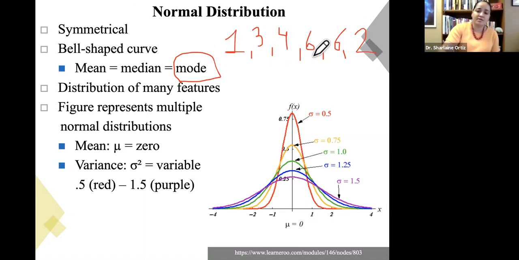In this case, we have two 6s, so 6 would be my mode, because it's the number that keeps repeating itself.